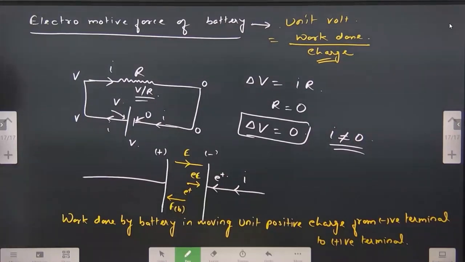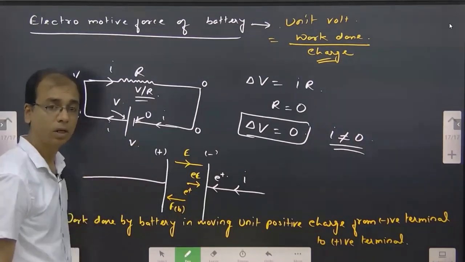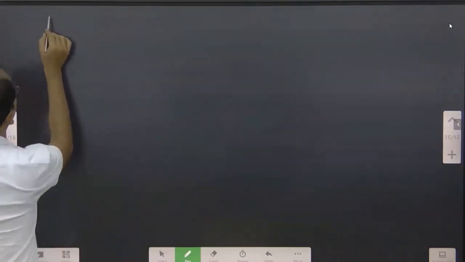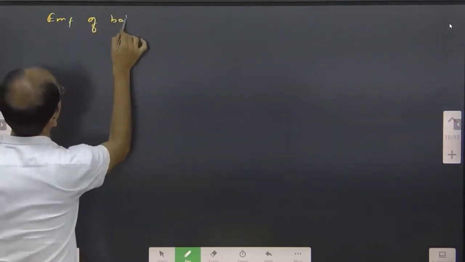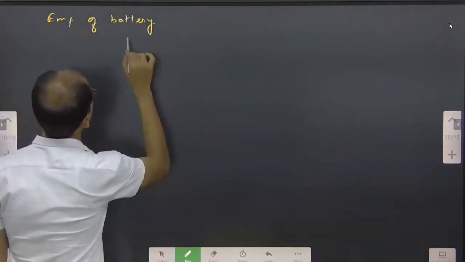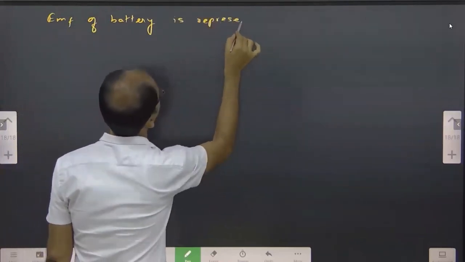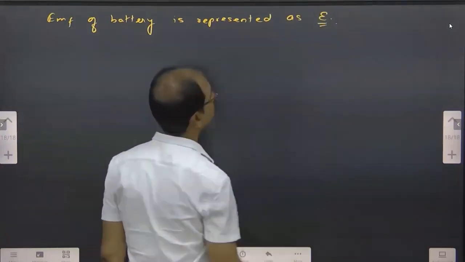Okay, so now this V, is this V EMF or not EMF? Let's see. This EMF of battery is represented like this.